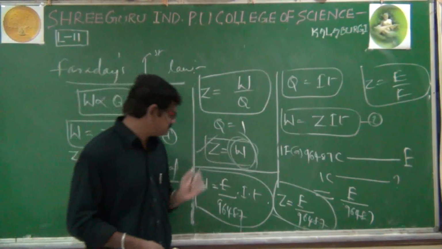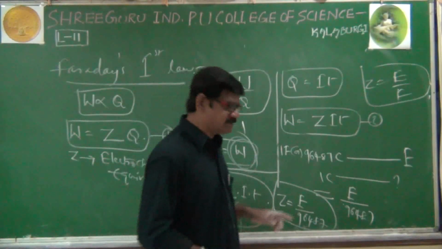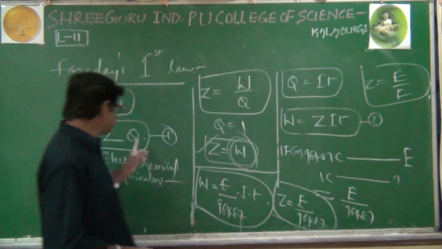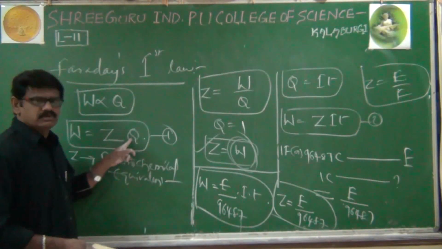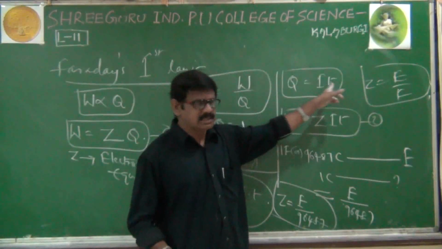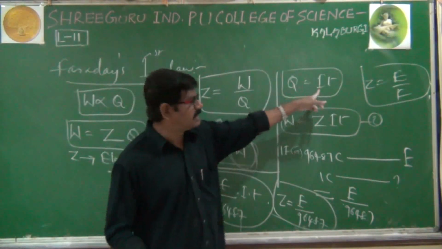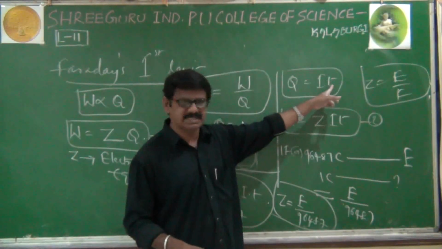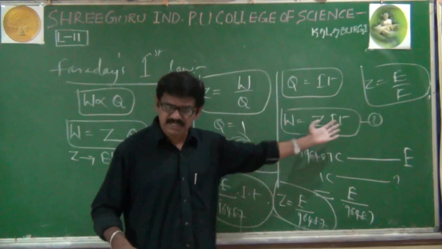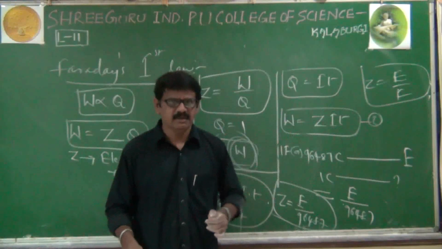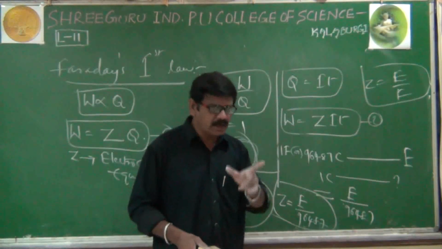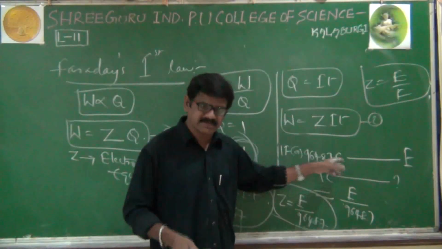Next, from equation 1, in place of Q we can substitute IT. Q equal to IT. Q is current in coulombs, I is current in amperes, T is time in seconds. If you substitute in equation 1, we get W equal to ZIT. It is another formula. And last, 1 Faraday or 96,487 coulombs of current.